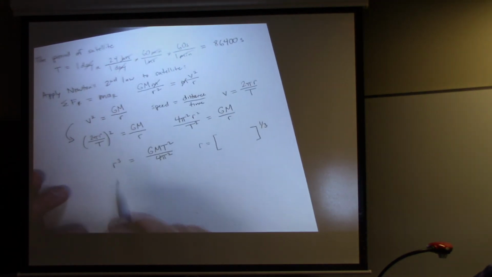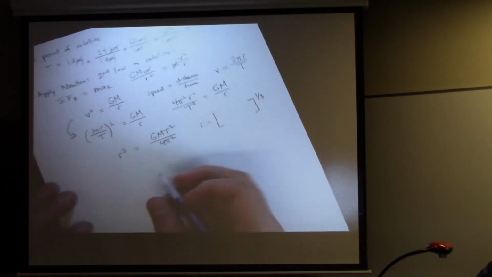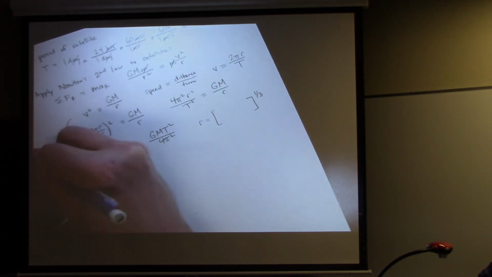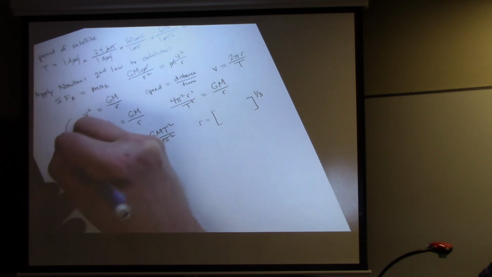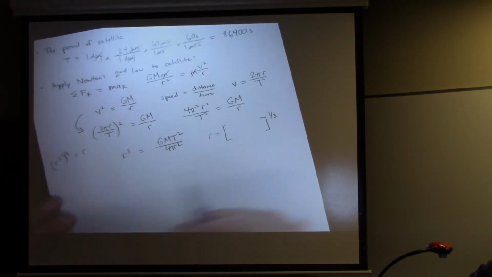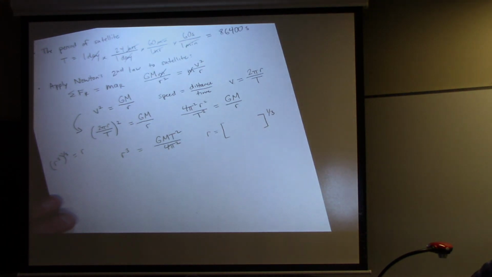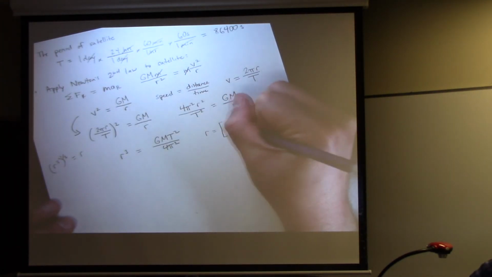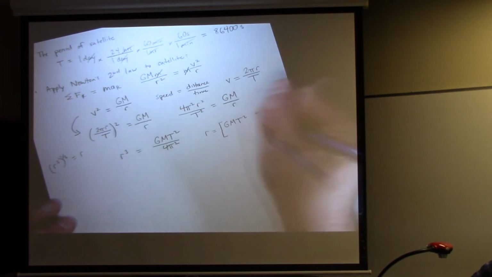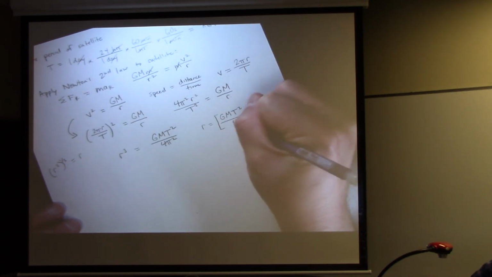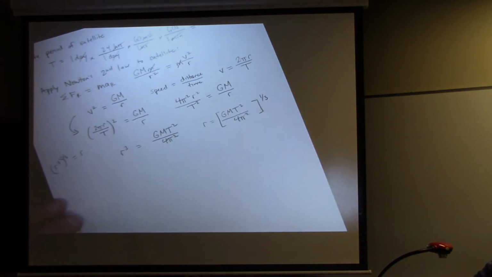If we take r cubed to the 1/3 power, we just get r. So I'm taking both sides to the 1/3 power, so I have r equals (GMT squared over 4π squared) to the 1/3 power.